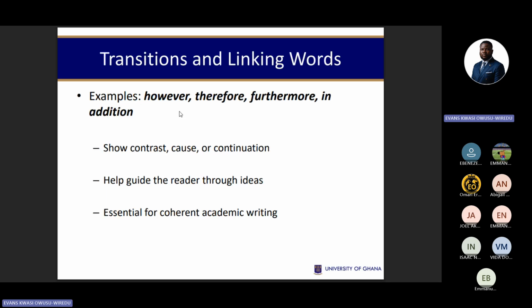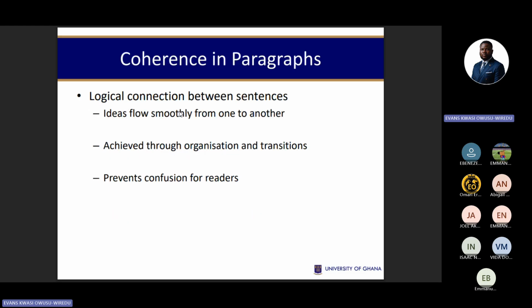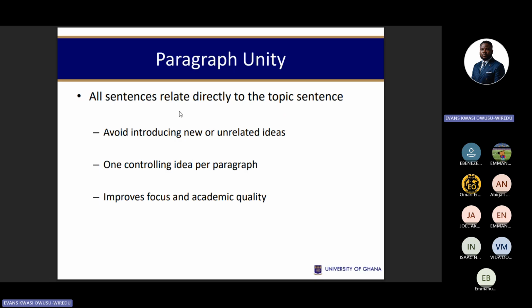So, however, therefore, furthermore, in addition, these are the linking and transitional words that help us to maintain the principle of coherence, which is different from the principle of unity. I shouldn't be using principle, but I just want you to get it.